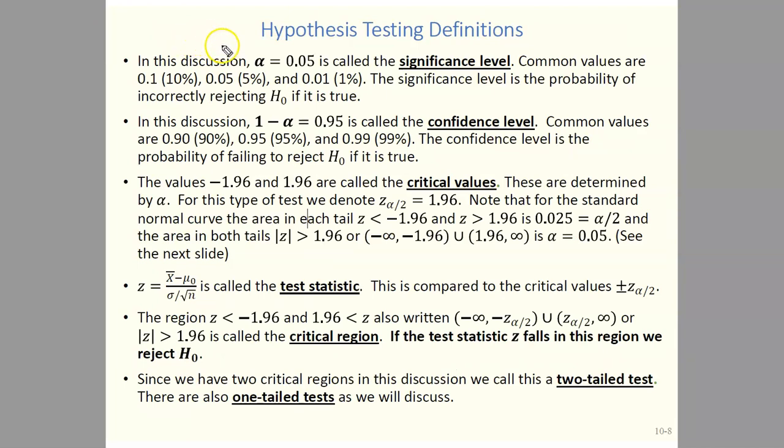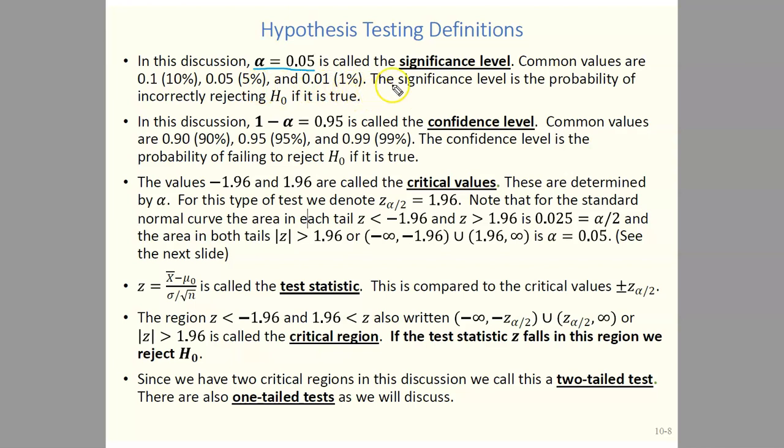Now, before we go over some examples, let's clarify some definitions that we've covered so far in our discussion. Now, in our discussion, the value alpha, which we used 0.05, but that can change, is called your significance level. And common values that are used are 0.1 or 10%, 0.05 or 5%, and 0.01 or 1%.